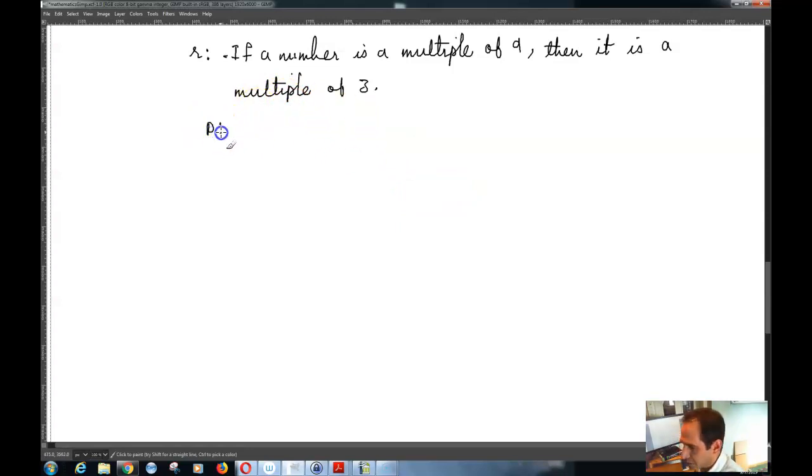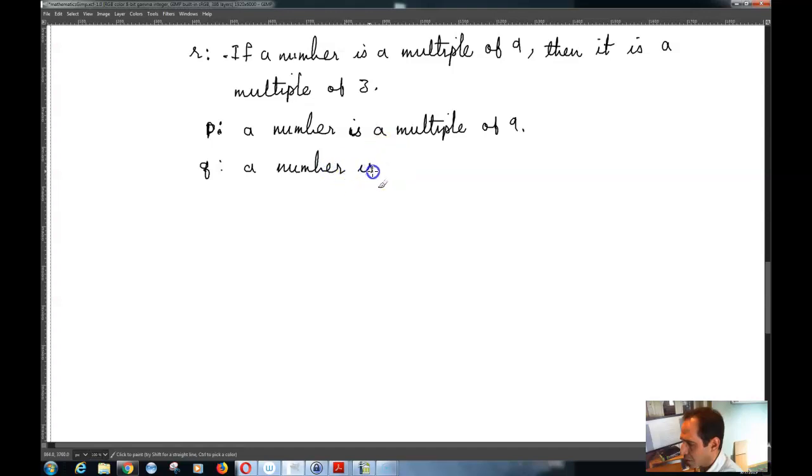P is: a number is a multiple of 9, and let Q be: a number is a multiple of 3.